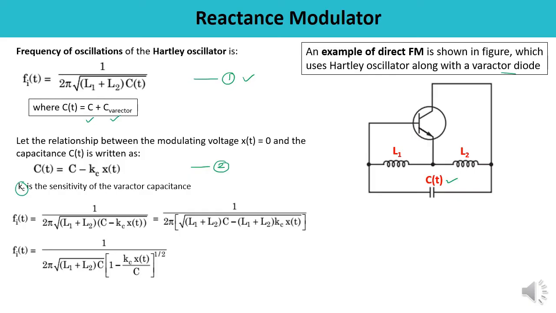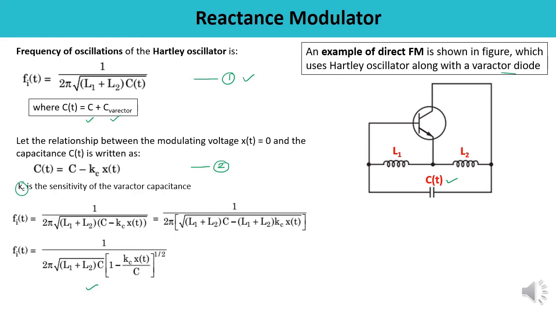What we are getting is f i of t equals 1 upon 2 pi under root (L1 plus L2). In place of CT, we have substituted C minus Kc times x of t. Rearranging the terms and taking 2 pi under root (L1 plus L2) into C as common, we get f i of t equals 1 upon 2 pi under root (L1 plus L2) into C, times the square root of 1 minus Kc times x of t upon C. To simplify further, let us say 1 upon 2 pi under root (L1 plus L2) into C is f0.